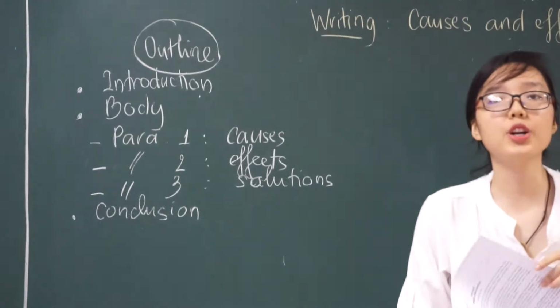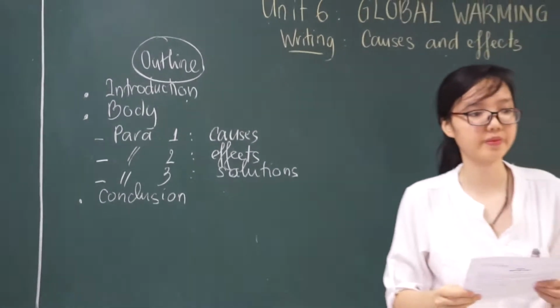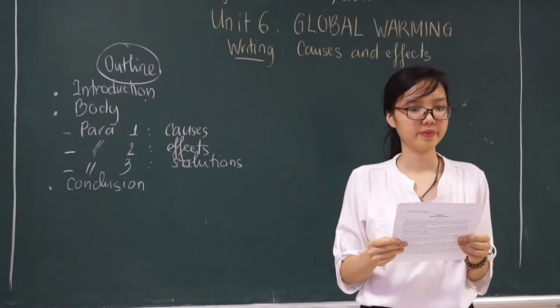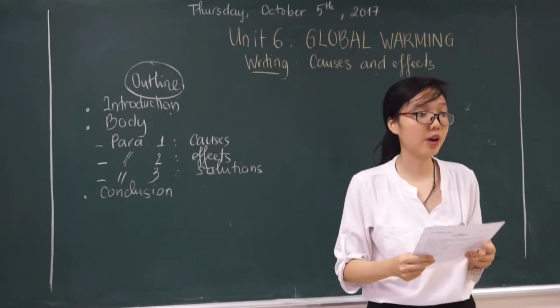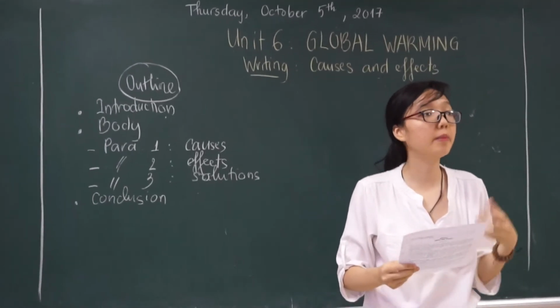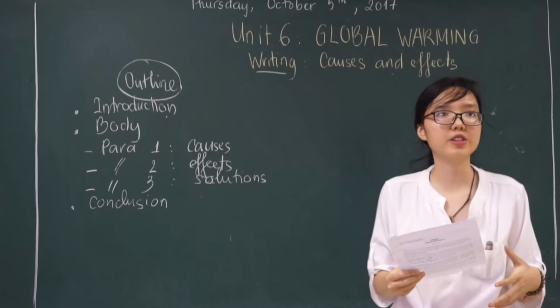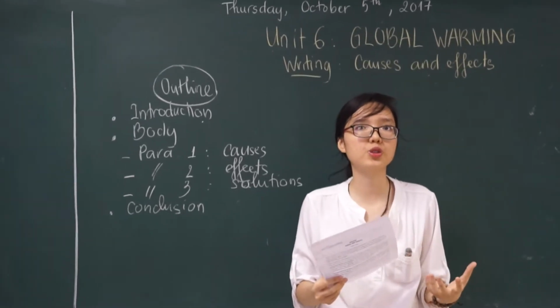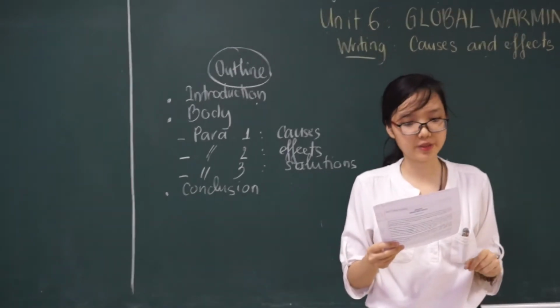Okay? Now, turn over your handout. So, in your essay about global warming, you should use some linking words. Linking words are words that you use to connect your ideas.